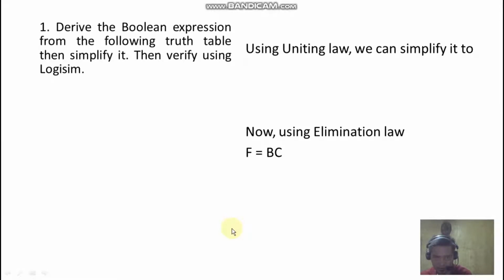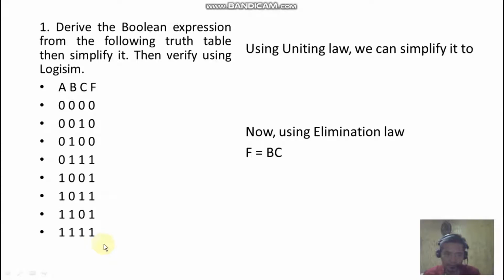Derive the Boolean expression of the following truth table, then simplify it. So, ito yung truth table. So, in this case, kukunin na lang natin yung 1, 2, 3, 4, 5.